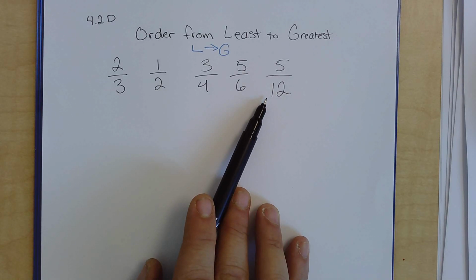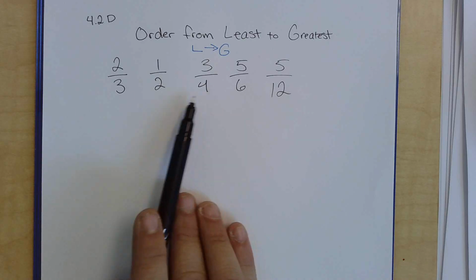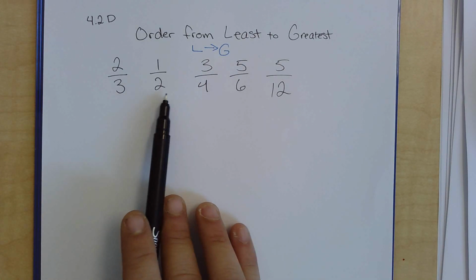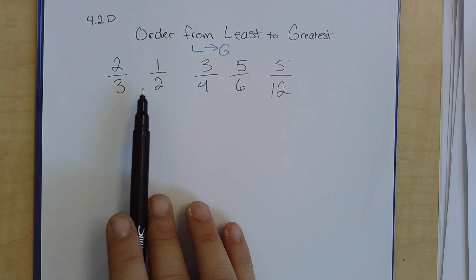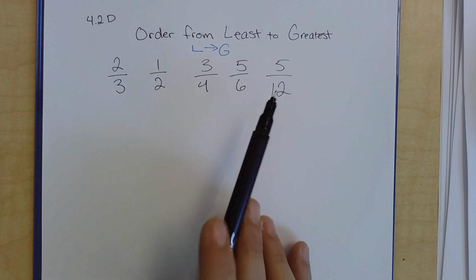There are a couple of ways to find it, and I'm going to show you both ways. The lowest common denominator is going to be a number that all of these can be multiplied into. They can all go into larger numbers, obviously, but we are looking for the lowest common denominator.